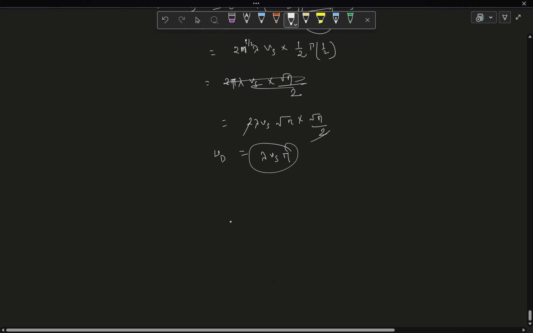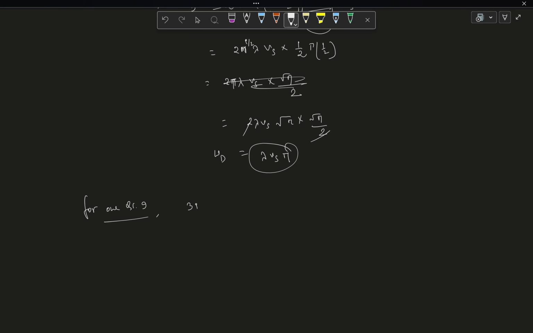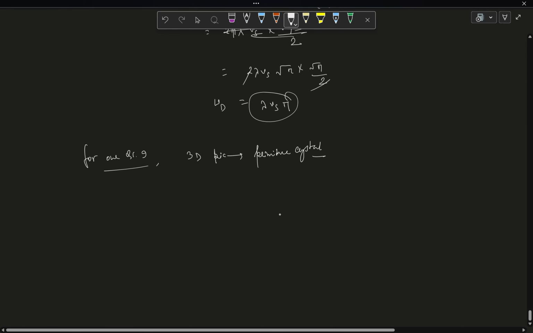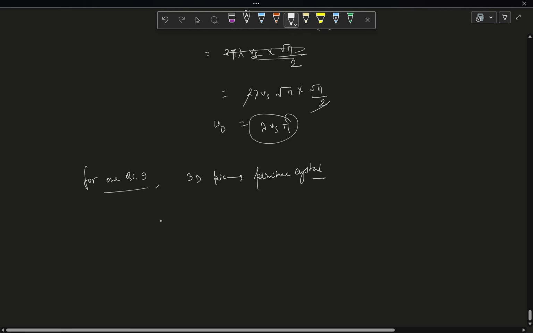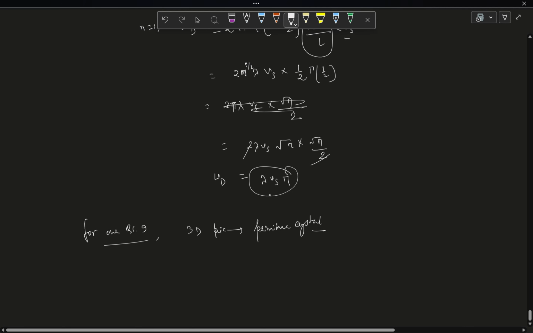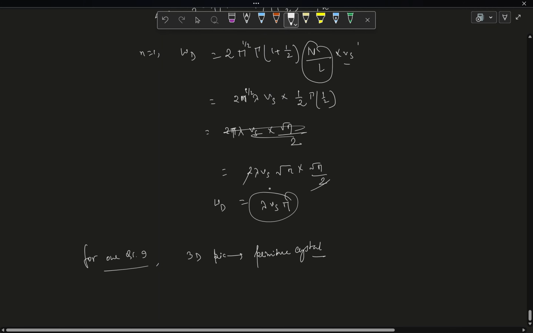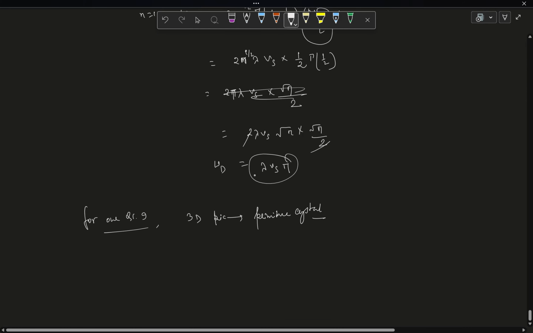So basically this is the general expression that you can use whenever a problem like this is given to you, be it 1D, 2D or 3D. Now for our question number 9, they have asked for a 3D picture, because they have used a primitive cubic crystal. Omega d is equal to, no, this is for 1D.